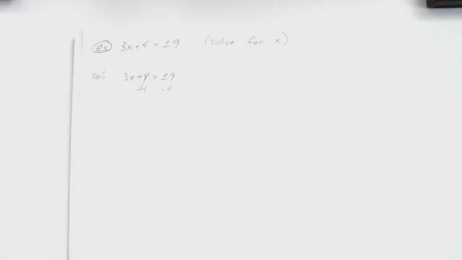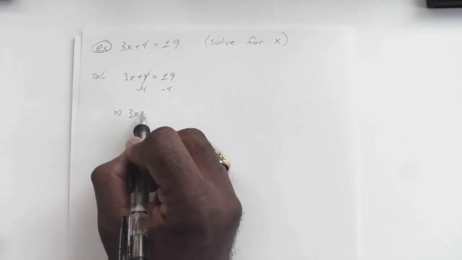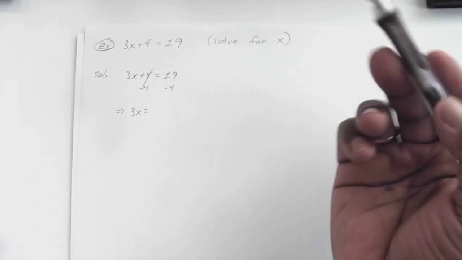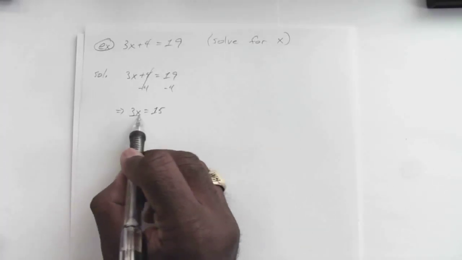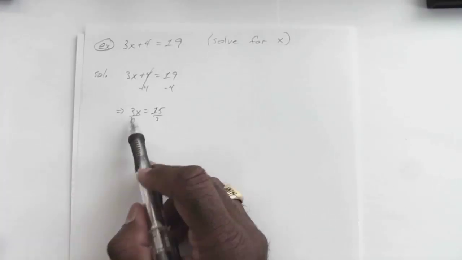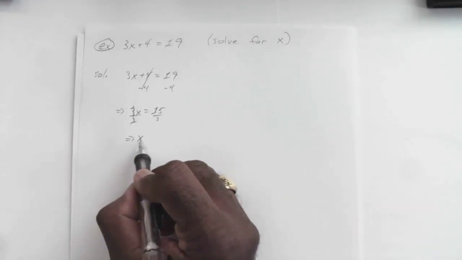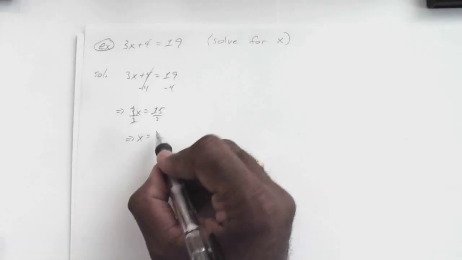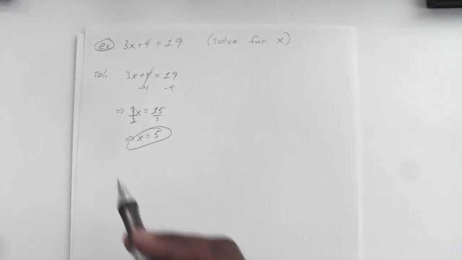These two cancel each other out. So you're left with 3x equals 19 minus 4, which is 15. Then we divide both sides by 3. Anything divided by itself is just 1. So x would equal 15 divided by 3, which is 5. That works out when you have one variable and a bunch of numbers.